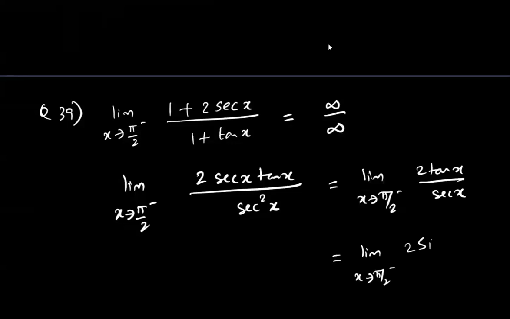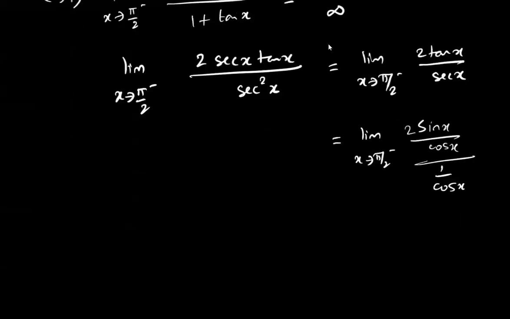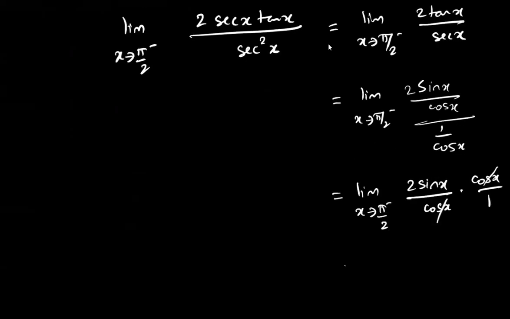This is 2 sine x over cosine x all over 1 over cosine x. So this can be rewritten as keep your numerator as is and flip your denominator. So this and this will get cancelled. So this just becomes the limit as x approaches pi over 2 from the left of 2 sine x. Sine pi over 2 is 1. So this limit is 2.